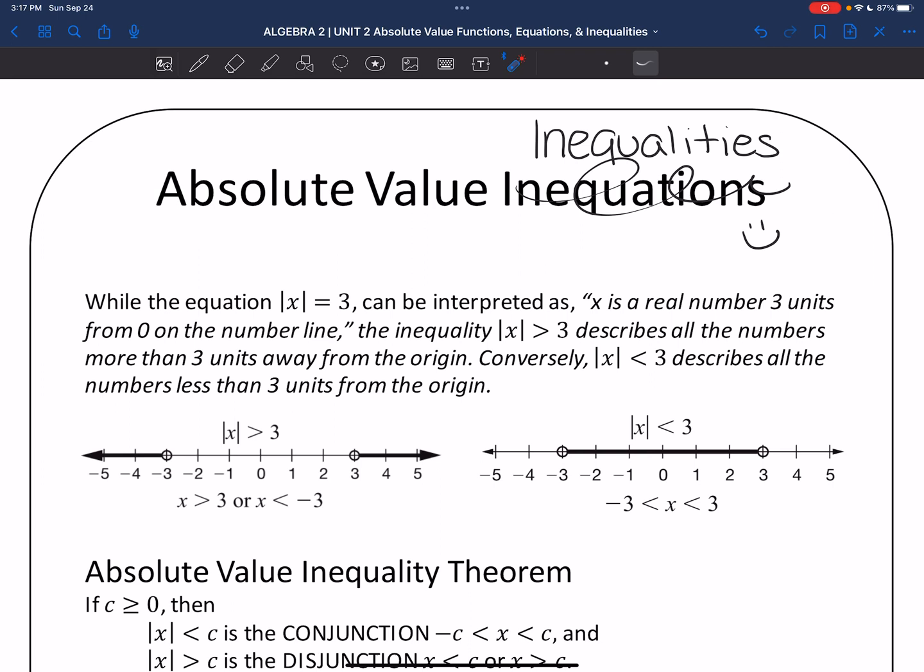The absolute value of x greater than 3 describes all the numbers more than 3 units away from the origin. And conversely, if we took the absolute value of x and set it less than 3, that is describing all the numbers less than 3 units away from the origin.